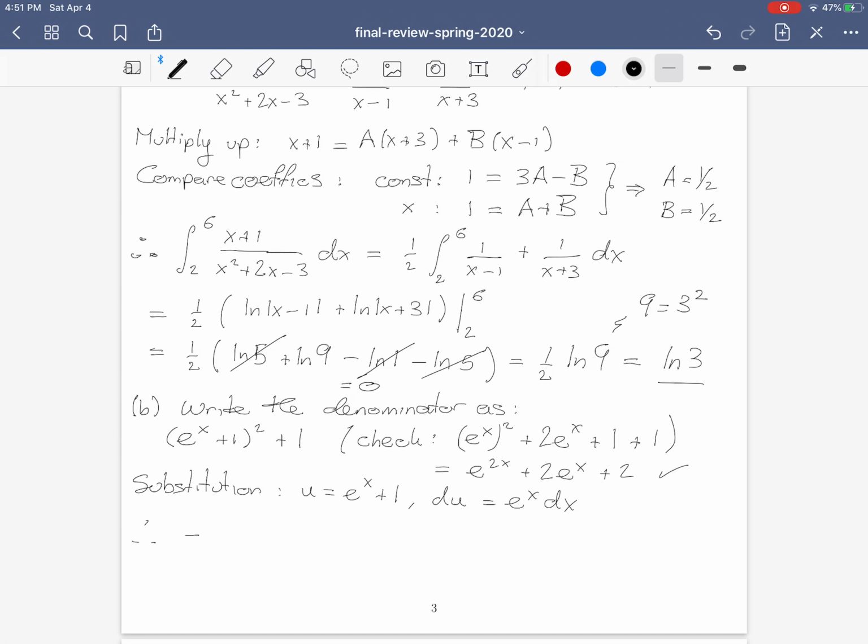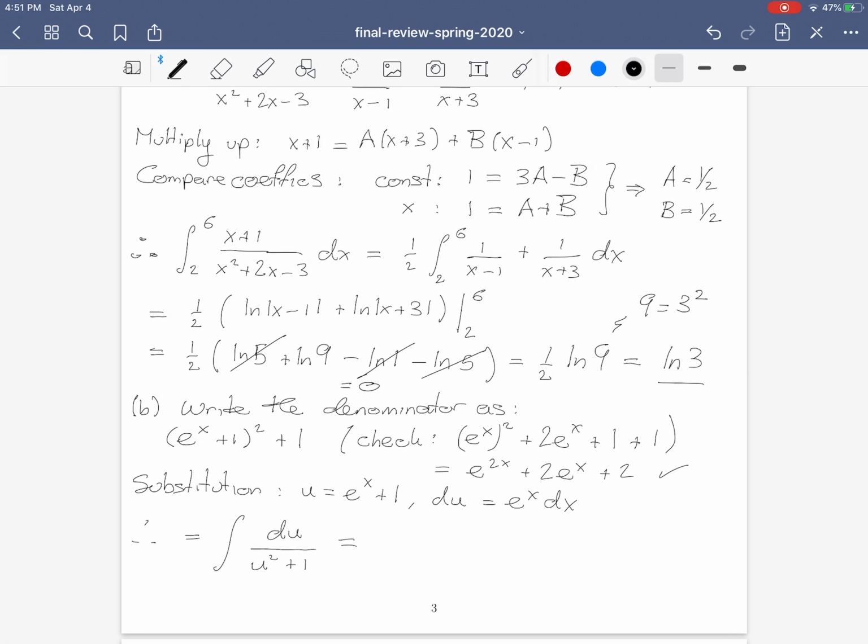So therefore my integral, because I have an e to the x on my numerator, then my e to the x dx just becomes a du. And because I have factorized my denominator in this form, my denominator becomes u squared plus 1.